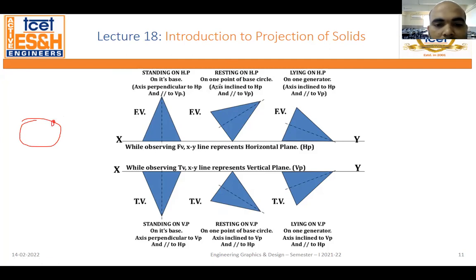In that case, the axis is inclined to HP, but at the same time it is parallel to VP. Axis is kept like this, suppose. So this is parallel, right? It is parallel. That is what is mentioned in the second case.